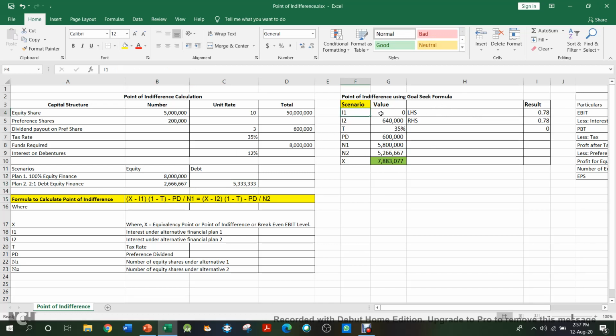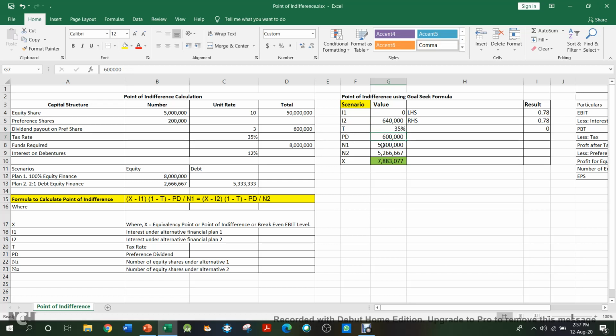I1 in case of scenario 1 is 0 because 100% is equity finance. In case of scenario plan 2, I will be paying 12% on rupees 53 lakh 33,000. So this is 6 lakh 40,000. Then the tax rate is 35%. Preference share dividend I pay 6 lakhs.